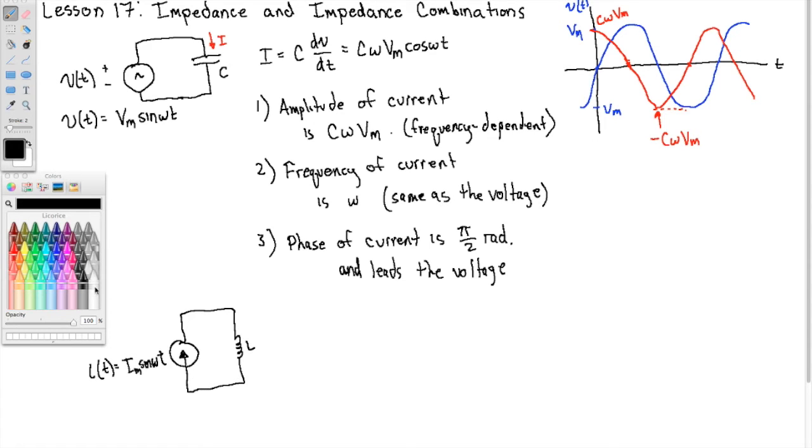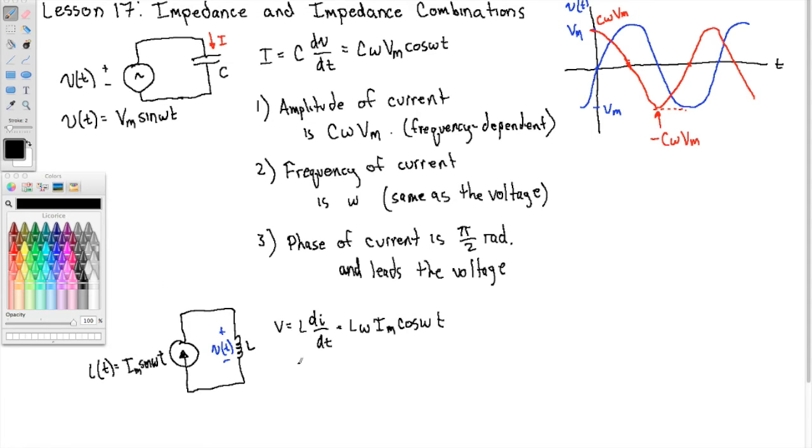L. And we want to know, what's the voltage across the inductor? All right, well, we know with an inductor the voltage is L di dt. Right, so that would be L times the derivative of this guy. Again, we would get omega Im cosine omega t.